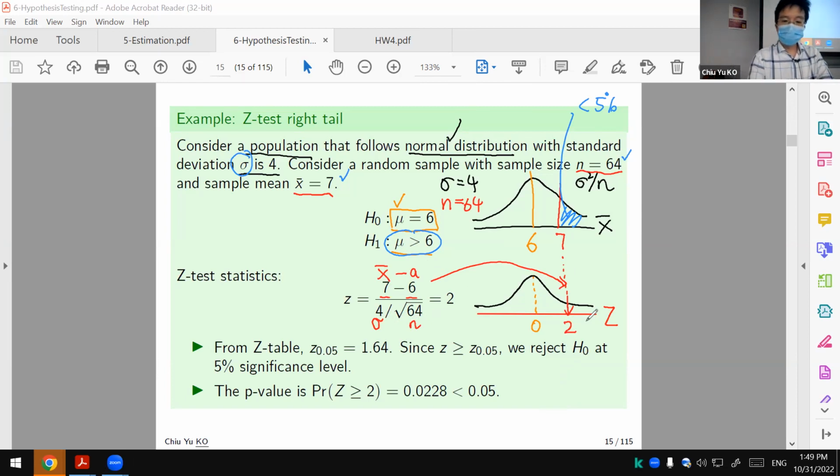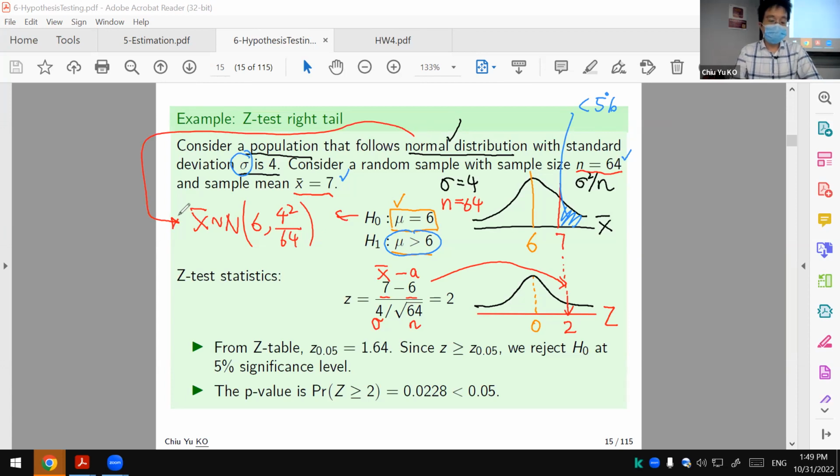Because we learn that X bar is a normal distribution with mean 6, 4 squared over 64. This is what you learn from the normality assumption, because the population is normal, and the sample mean is also normal.